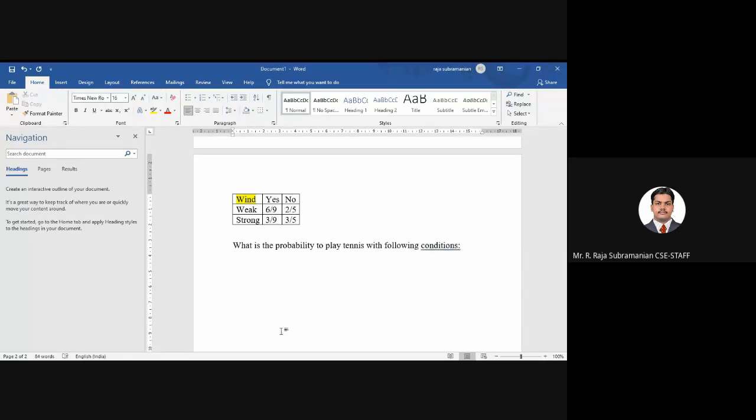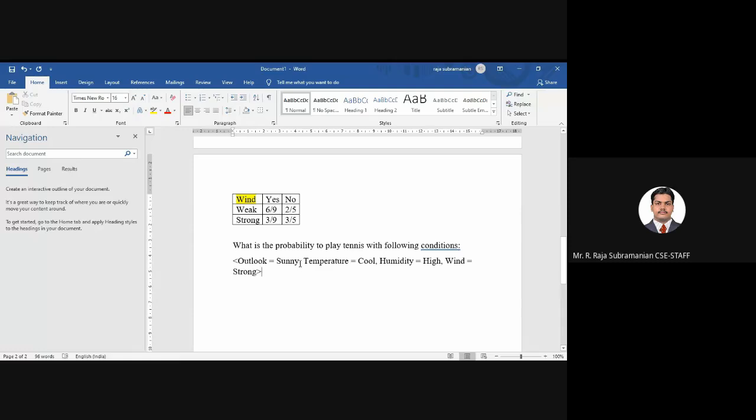The conditions are outlook equals sunny, temperature equals cool, and humidity equals high, and we can have wind equals strong. With respect to this condition, I have to solve.